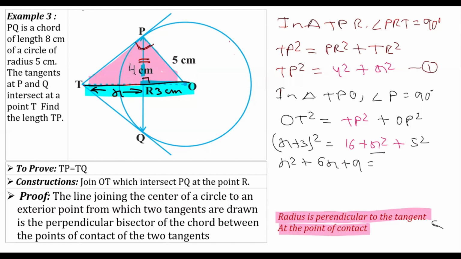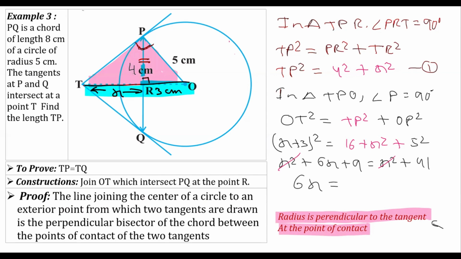On the other side, we have x square and 16. This is 16. And how much is this? 25. So we can add them. That is 16 plus 25, that comes out to be 41. Now opposite side, same sign get cancelled. So x square get cancelled here. We are left with what? 6x.